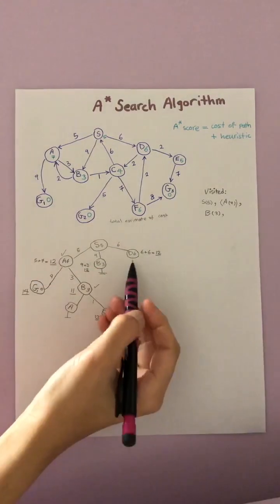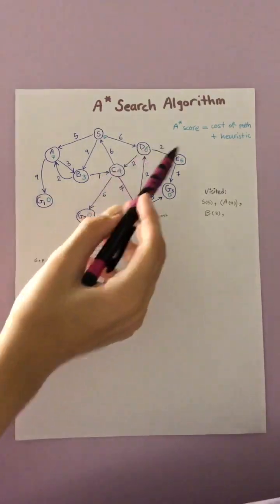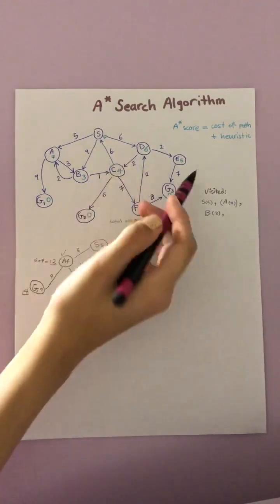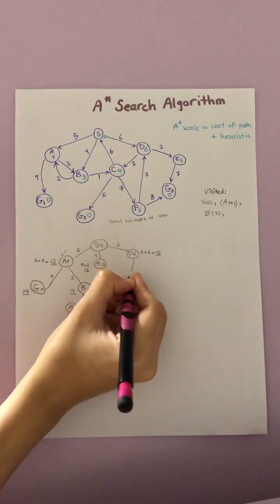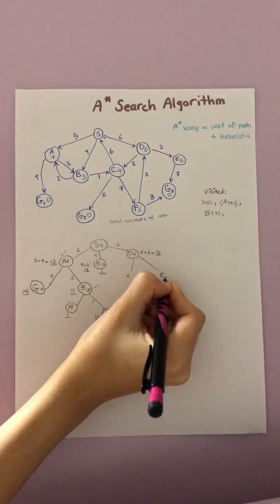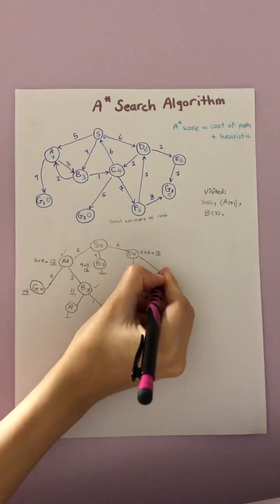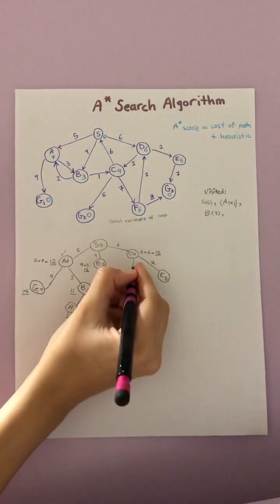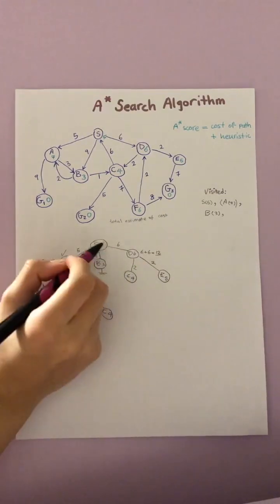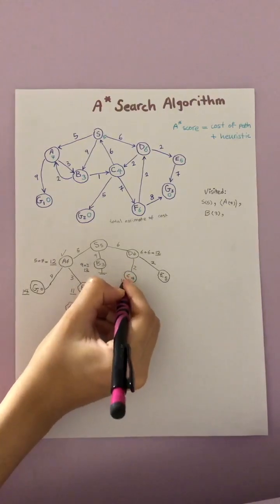Now we have to go for D. About D, we have two different options, which is C and E. I'm gonna write that down. Okay. For cost of 2 and 2. And about this, it'll be 6 plus 2 plus 4, which is 12.